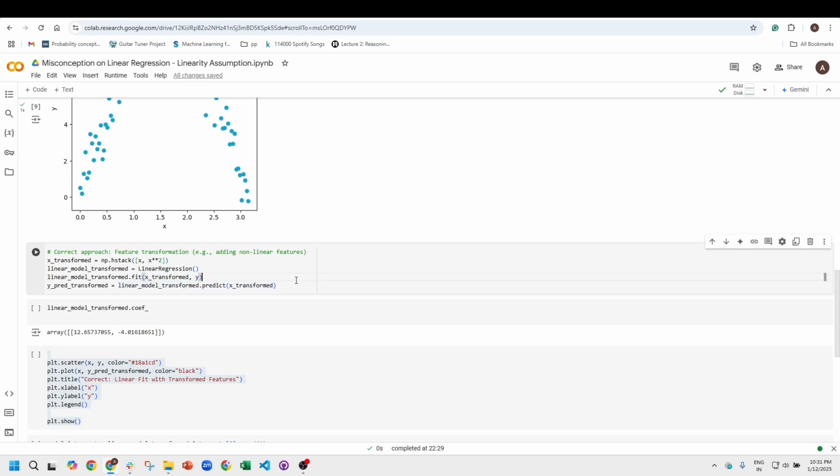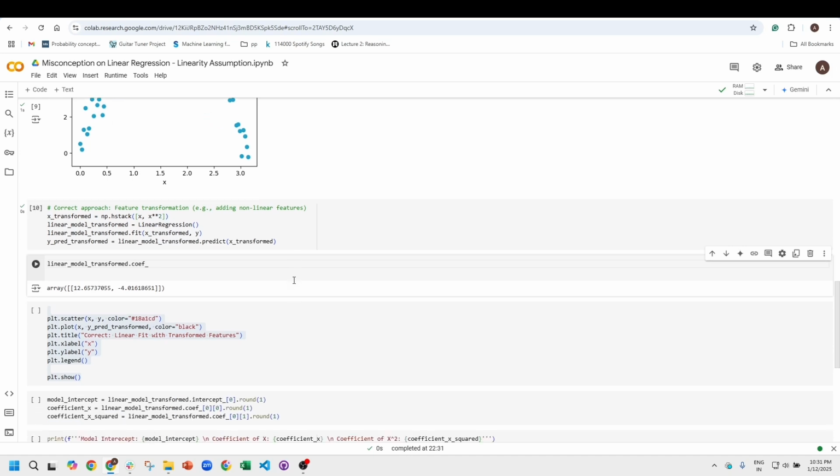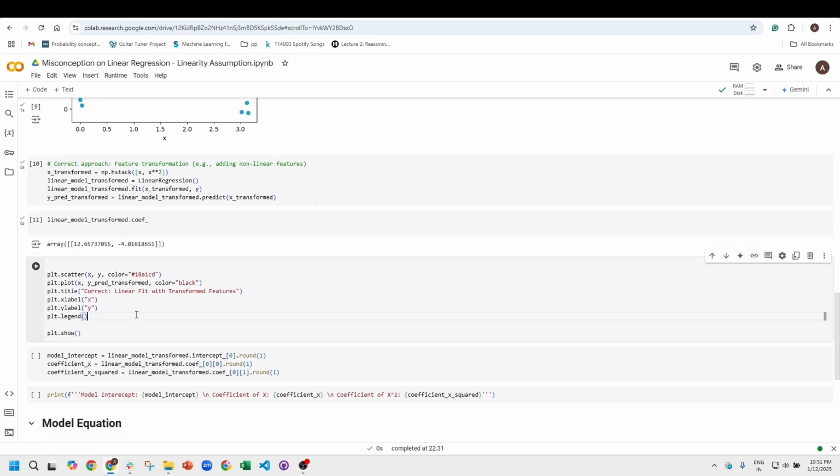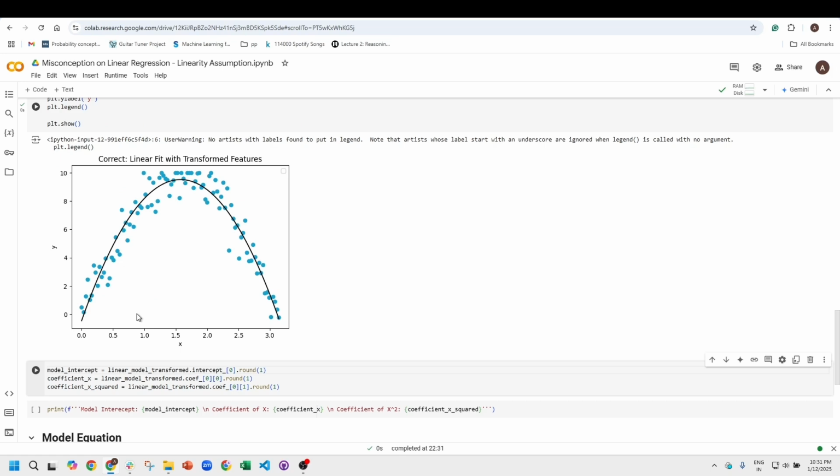Since we have two variables in this model, we'll have two coefficients. In this case, one is 12.6 and one is minus 4.1. The 12.6 is for x and minus 4.01 is for x square. Let's see how this model is doing. Let's plot the line and we can clearly see that this model does a pretty good job of understanding the relationship between x and y.